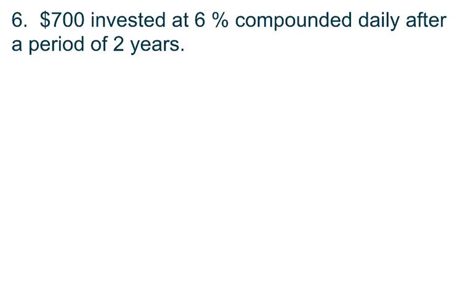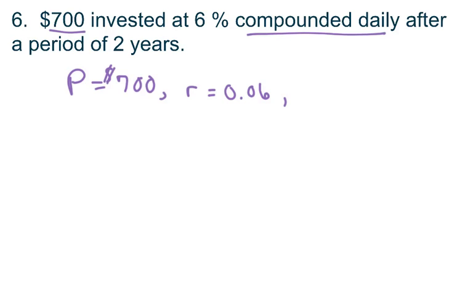And the last one, so you should have this down by now. Number 6, we have 700, so P equals $700. R is 0.06. We write this in decimal form. Another compounded daily.